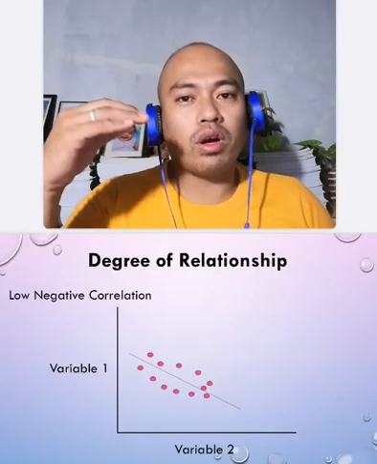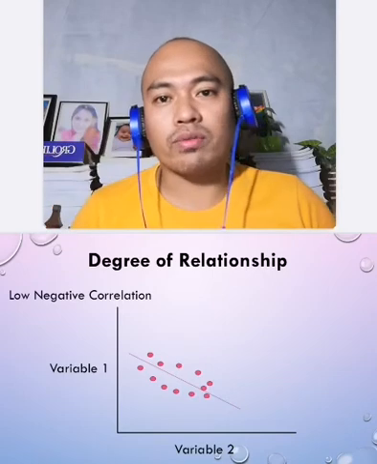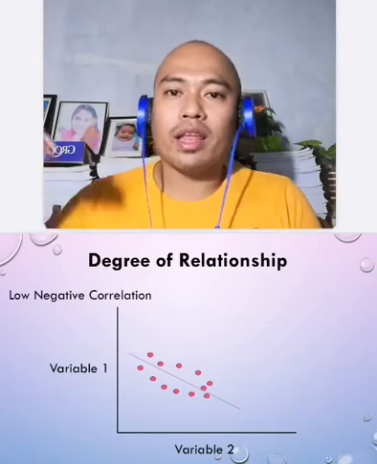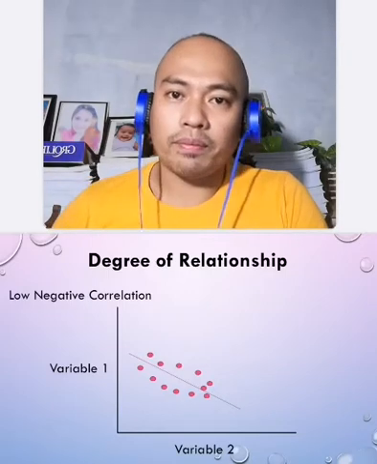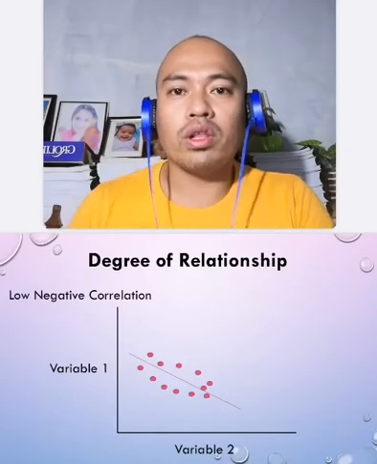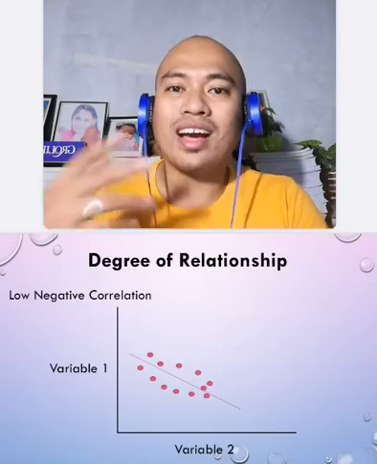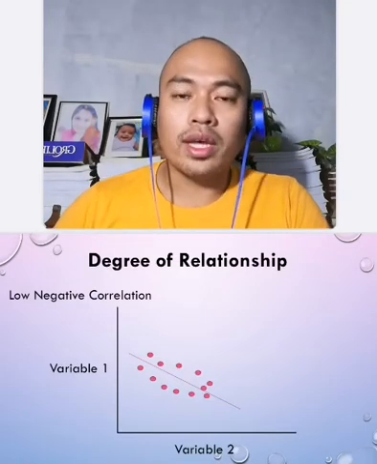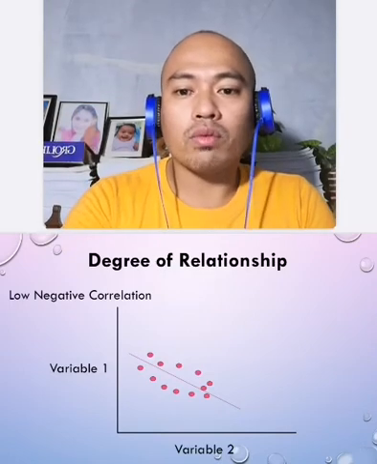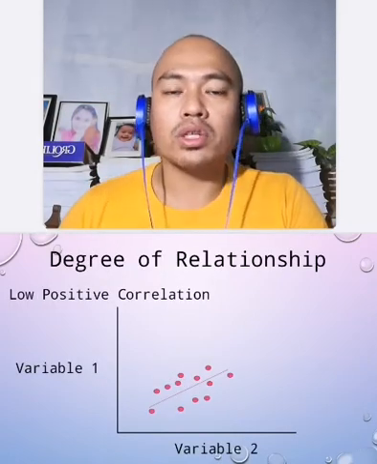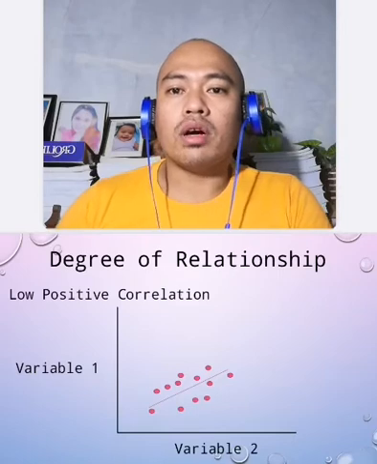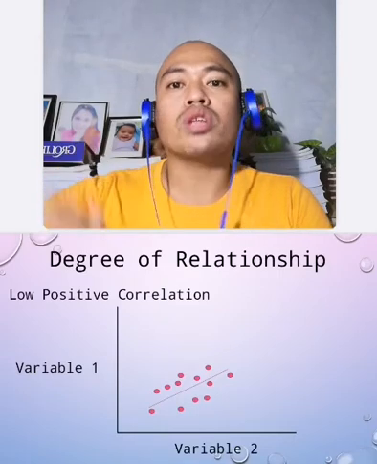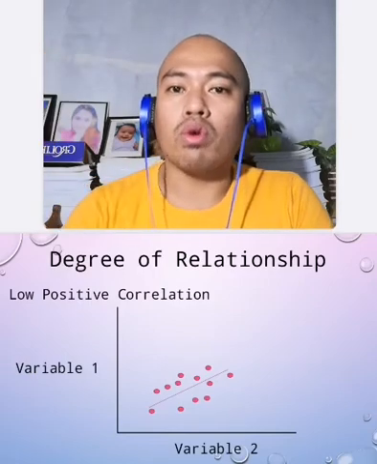As you can observe from that particular graph, the line is falling going to the right. So this will now be an indication that we have an inverse relationship between variable 1 and variable 2. Unlike a while back, when we were talking about positive correlation, it means that as variable 1 goes up, variable 2 also goes up.